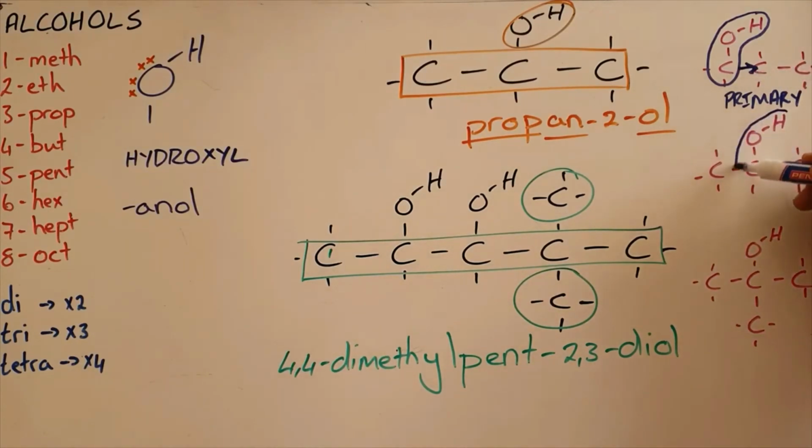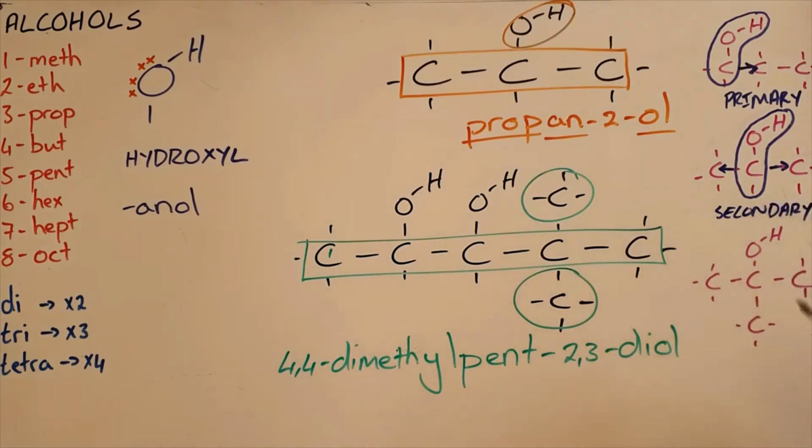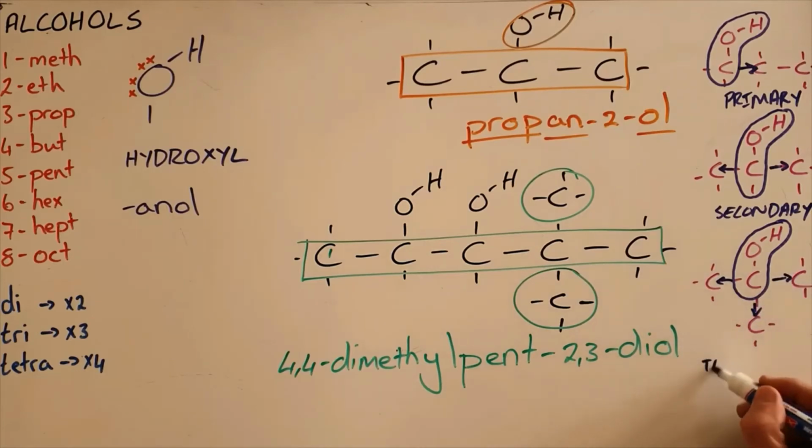We can then see in this molecule here that since this carbon to which the hydroxyl group is attached is attached to 2 other carbon atoms, we call it a secondary alcohol. And then finally, in this example here, the carbon to which the hydroxyl group is attached is attached to 3 other carbon atoms, and as a result we call it a tertiary alcohol.